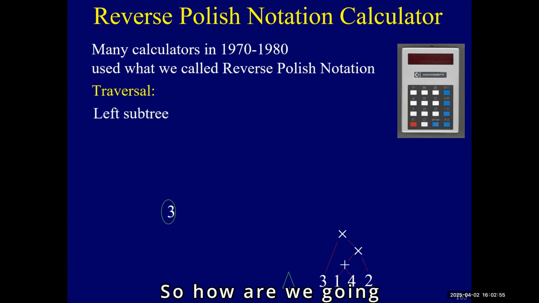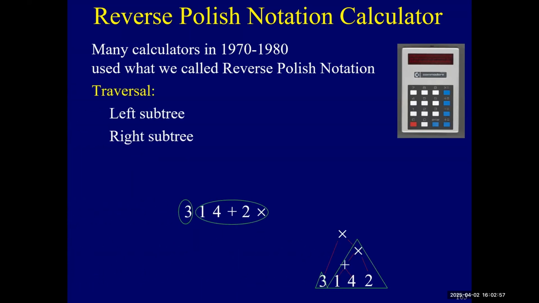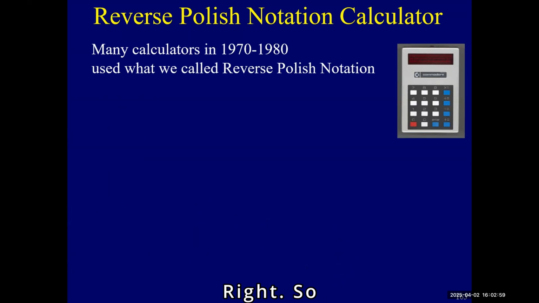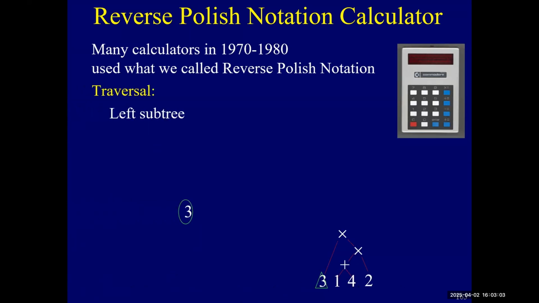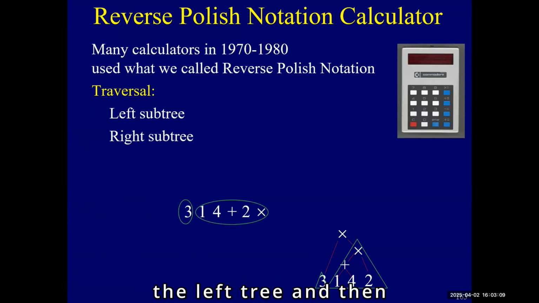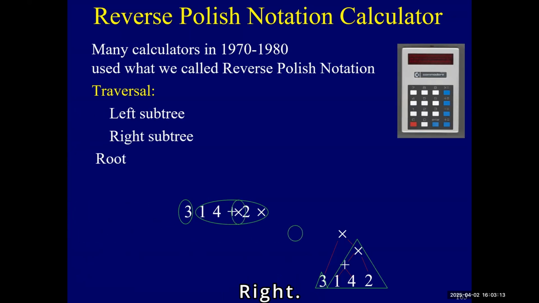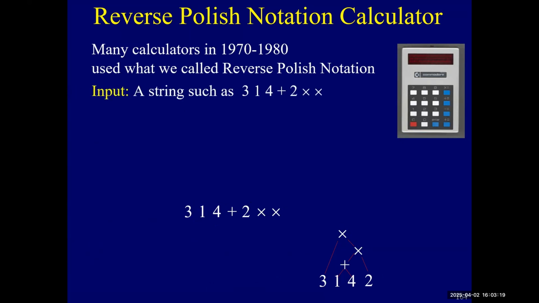So how are we going to implement it? Here's that tree, and this is the traversal. You first print the left tree, then you print the right tree, and then you print the root. That's postfix order. And now we're given this string.